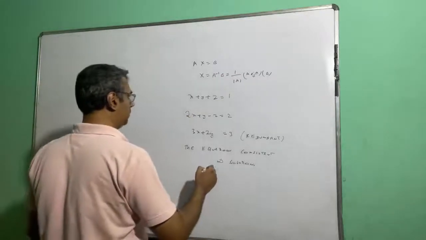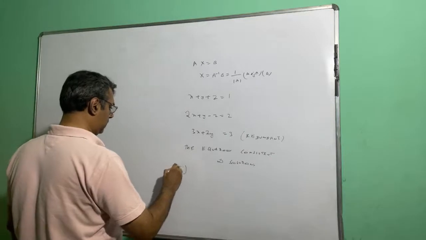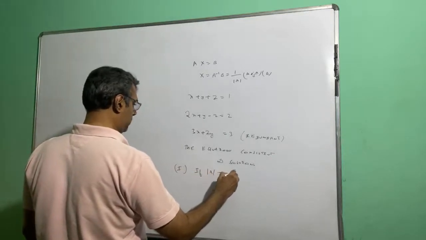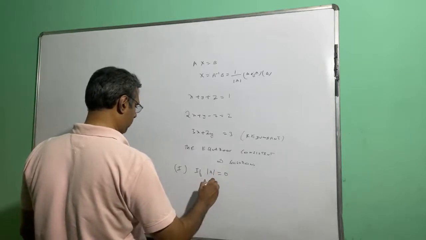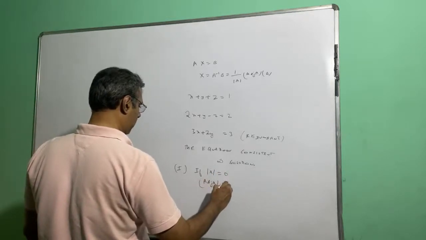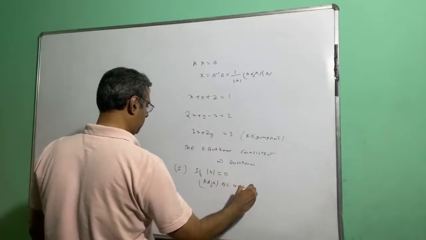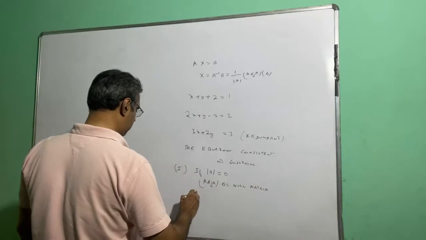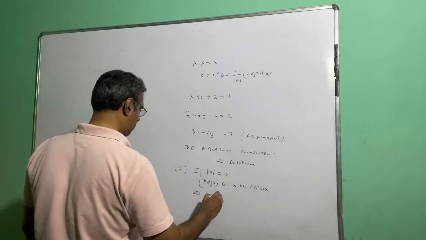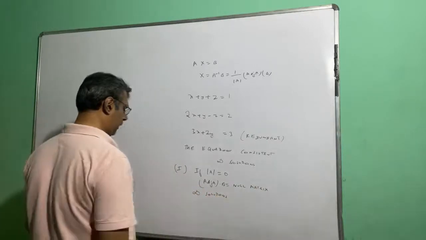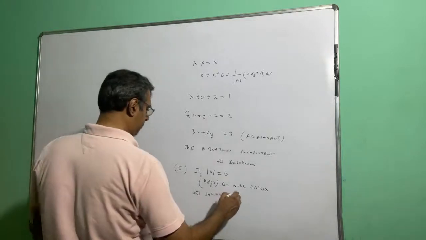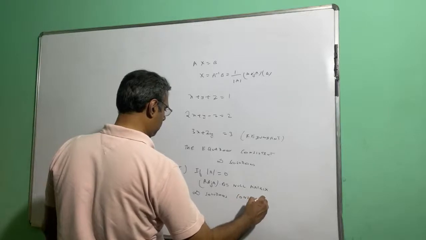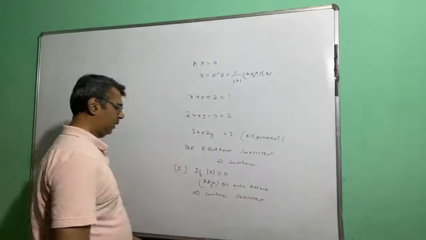Now we can say like this: case 1, if determinant A is 0 and adjoint A into b is equal to null matrix, then you will have infinite solutions, and the three equations will be logically consistent.